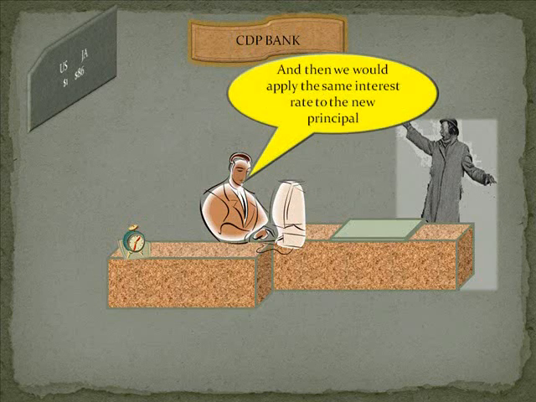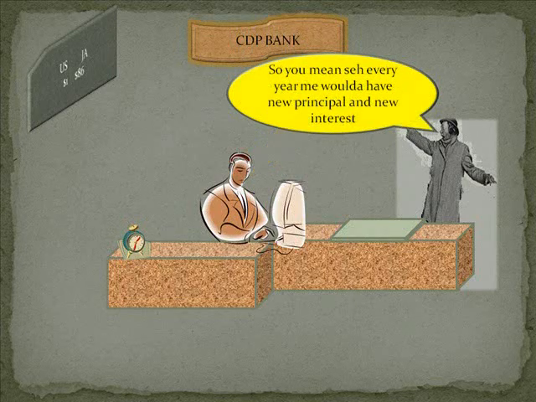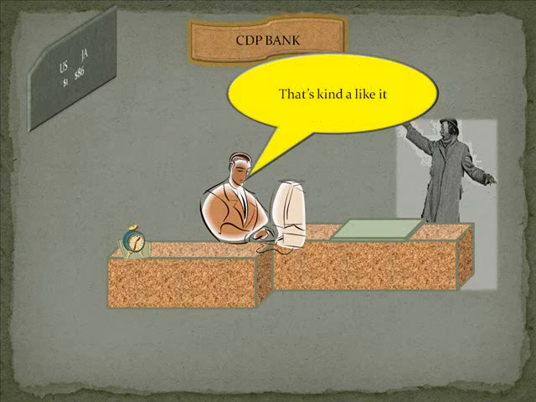And then we would apply the same interest rate to the new principal. So you mean, say, every year you would have a new principal and new interest? That's kinda like it.